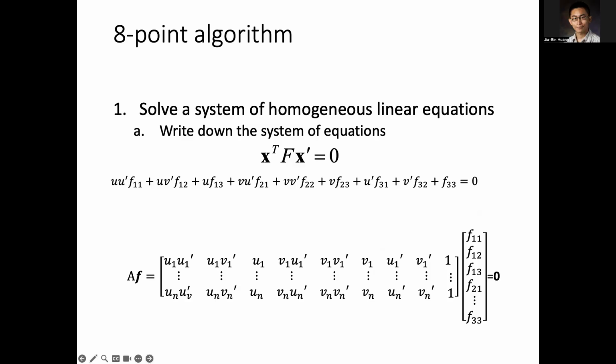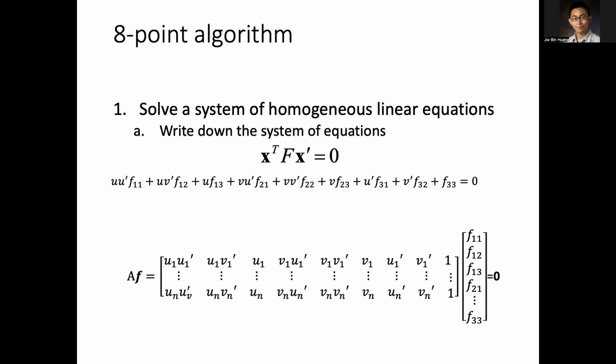So if I need 8 equations, you can see that every pair of matches gives me only 1 equation. Which means that I need 8 correspondences to figure this out. This is different from the homography.